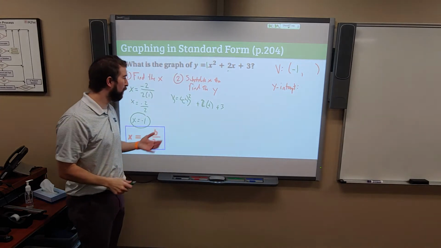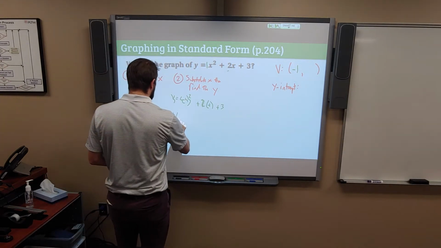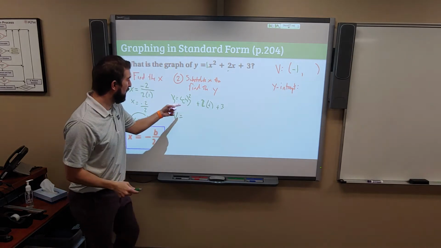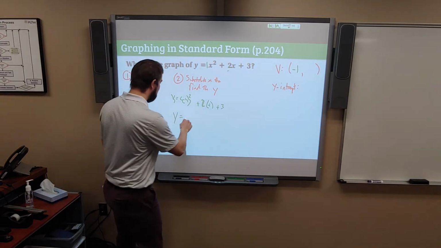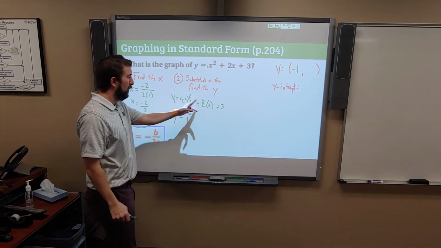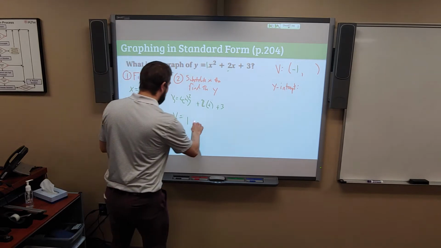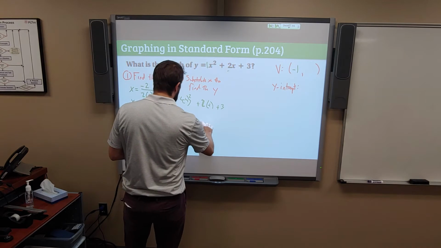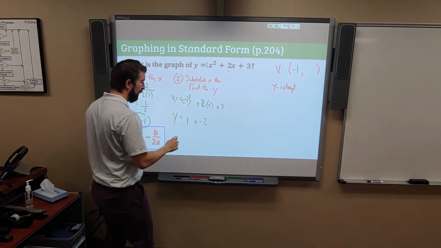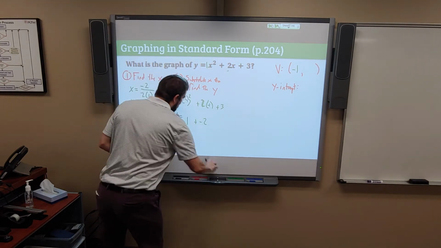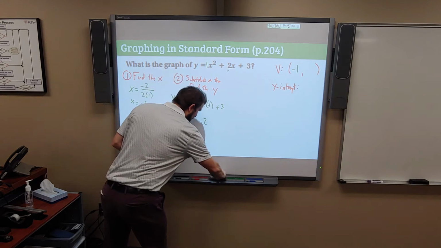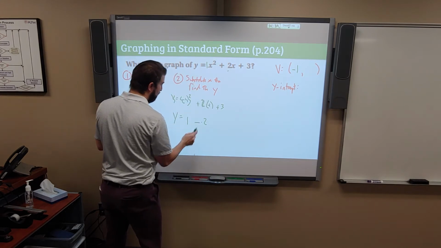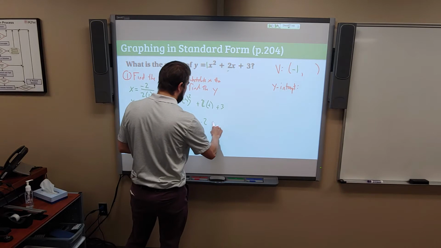All right, so now I'm just going to break this down and simplify. Negative 1 times negative 1 becomes 1, and plus 2 times negative 1 becomes negative 2. I'm going to erase that positive sign, because this just becomes negative 2. And then plus 3.